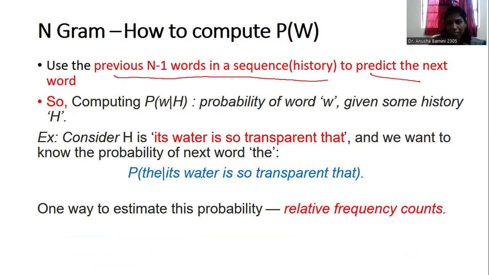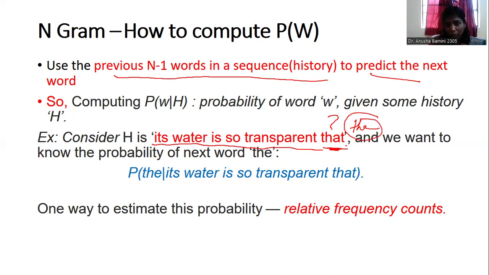This equation can be given as a statement here: probability of "that" given "its water is so transparent". We already know the statement, its water is so transparent. I want to calculate the next word, but I don't know what will occur here.